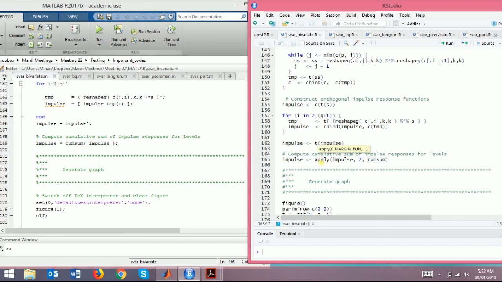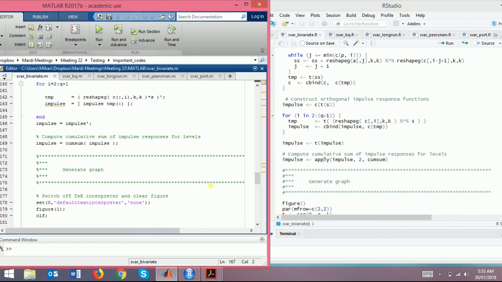Beautiful, right? X, margin and function. Cumulative sum, you're adding all the impulses of 4 levels, by 2, you're doing it by 2s or 2 seasons or 2 quarters or whatever it is. So that is problem 1.